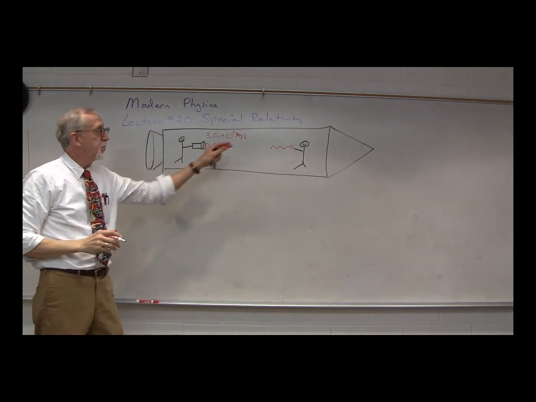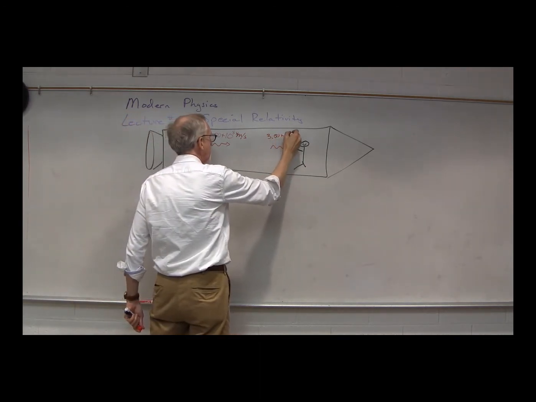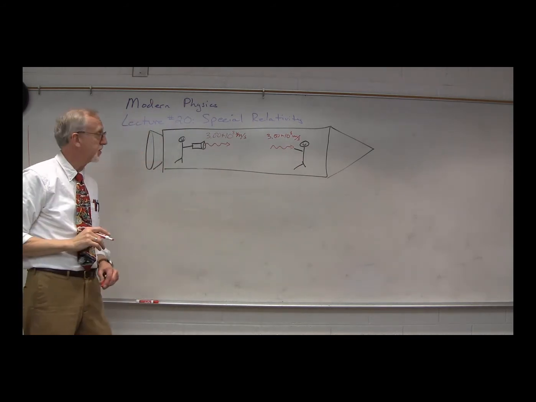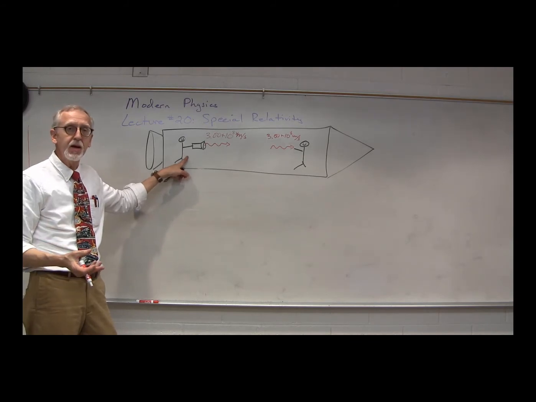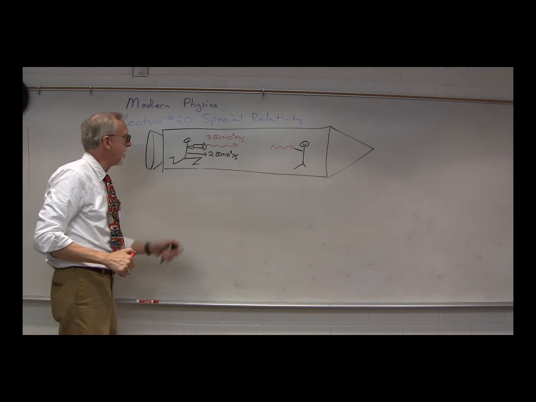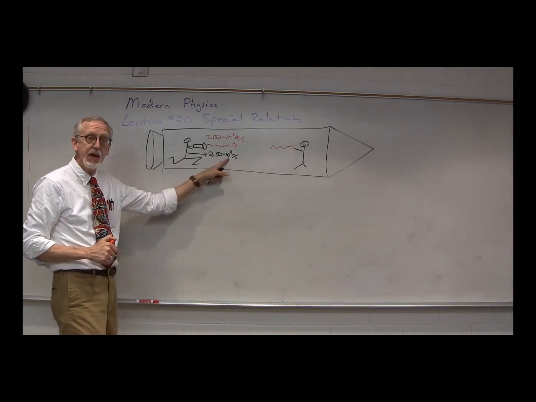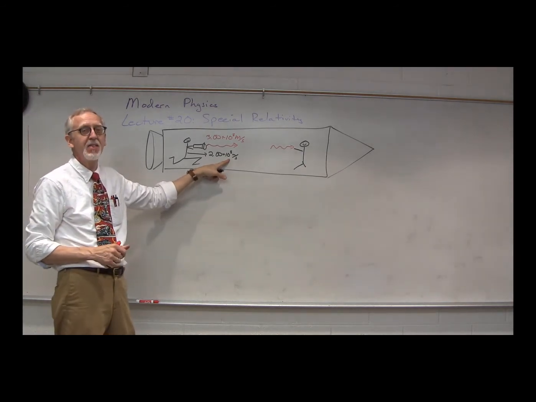The light then approaches person B at 3 times 10 to the 8th meters per second. Okay, that's fine. But now, what if person A is moving? Again, similar to the previous problem. So now, let's imagine person A is running toward person B at 2 times 10 to the 8th meters per second. Okay, so person A cannot run at 2 times 10 to the 8th meters per second.